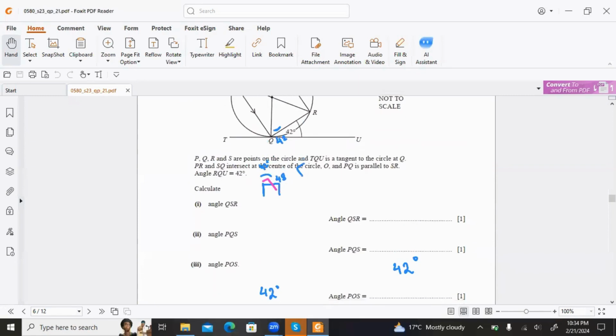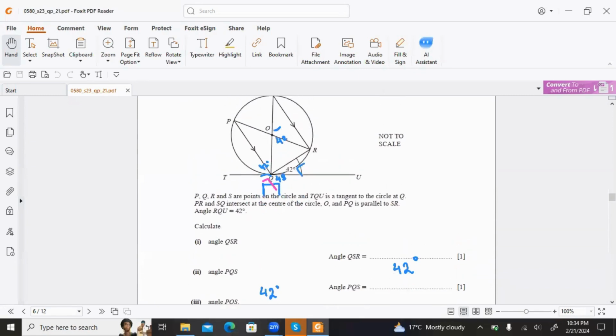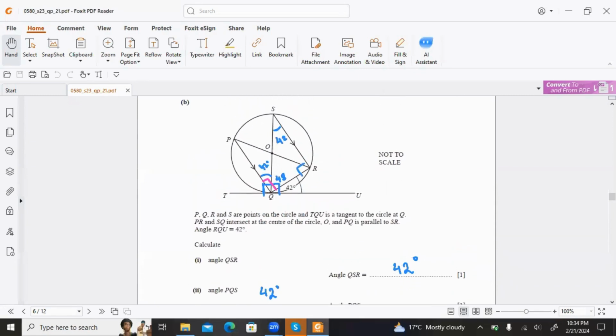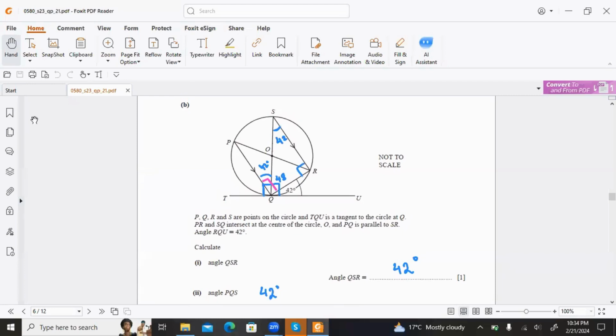Then third is POS. For angle POS, that is this one. We know that this is 42 and we know this is 42. And since all of these are coming from the center, these lengths are all equal.